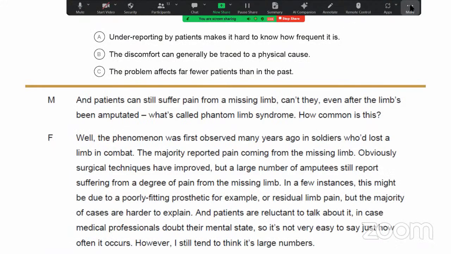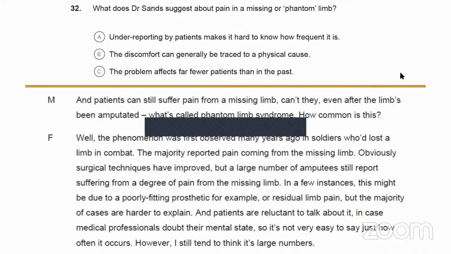So here is the question. Now go through that.